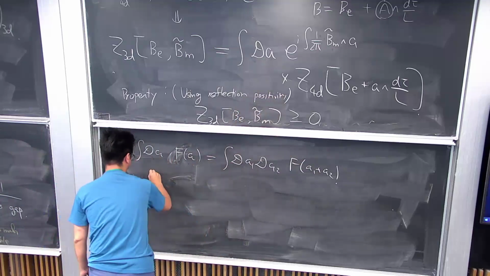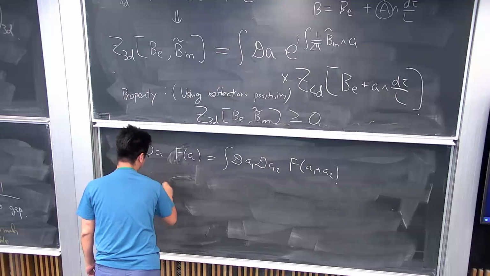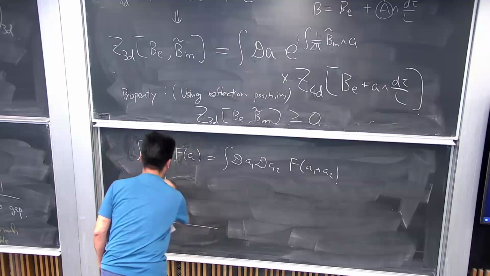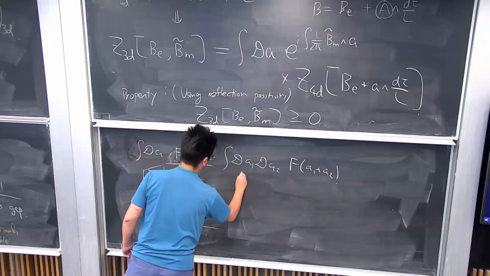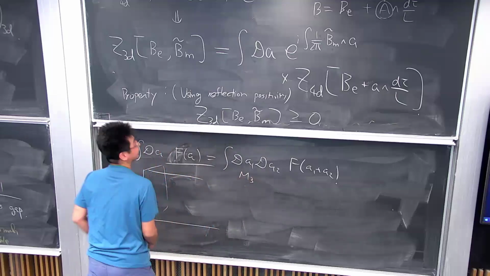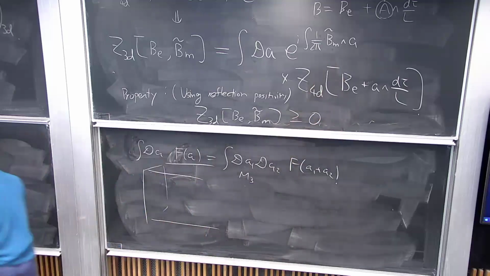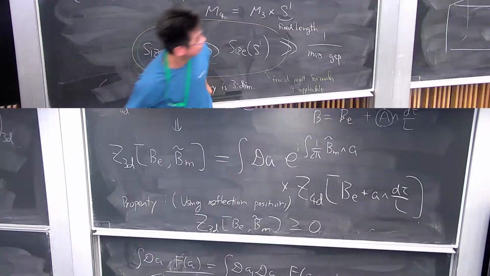So the background field for B is, say, on M3, and this background gauge field for one form symmetry is a codimension two topological object.